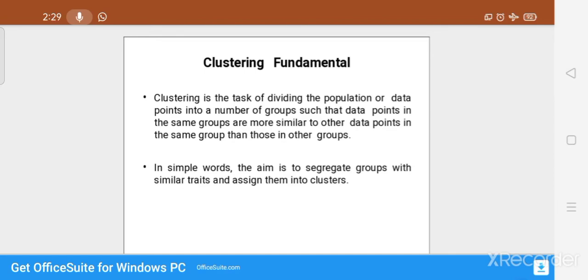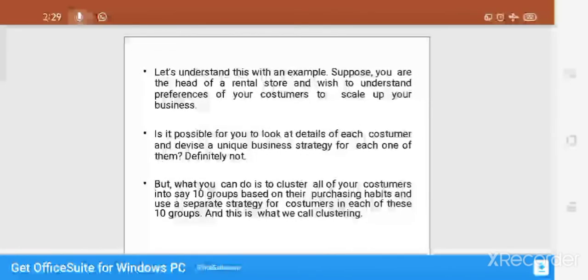If we consider two different clusters, the data points present in one cluster are more similar to the data points of the same cluster than to the other cluster. In simple words, the aim is to segregate groups with similar traits and assign them into clusters.